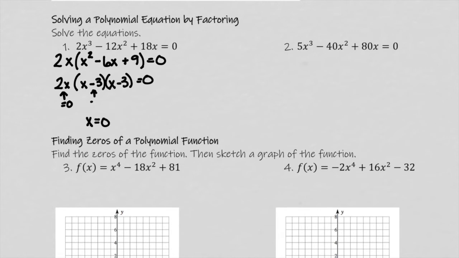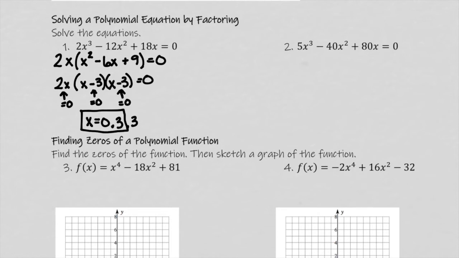And x minus 3 needs to equal 0, so I add 3 and get a positive 3. I get positive 3 again for the second x minus 3, but I only have to write the term once. So my zeros are 0 and 3. We have a repeated solution, 3 and 3.